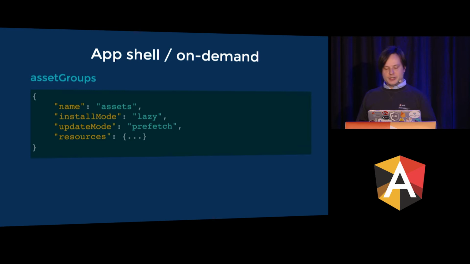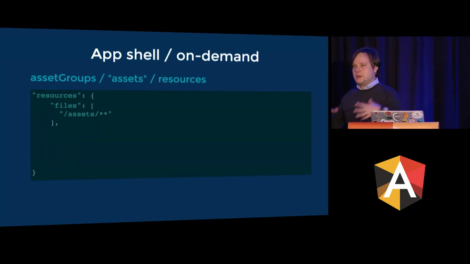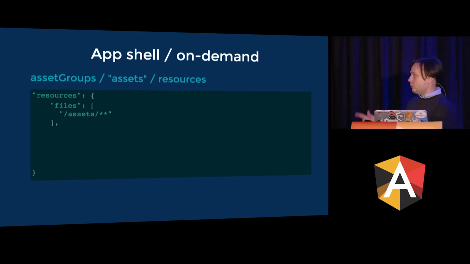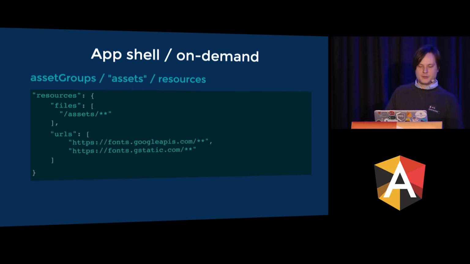And for on-demand, separate groups of app shell resources, which could be, for example, non-critical resources like some images, we could go for lazy, and we could specify resources as files again. So I use a glob here.